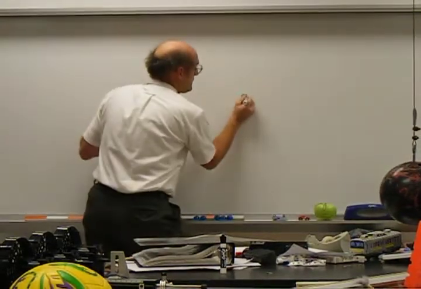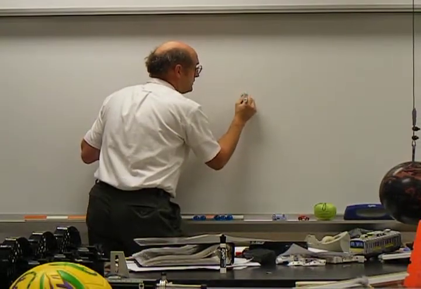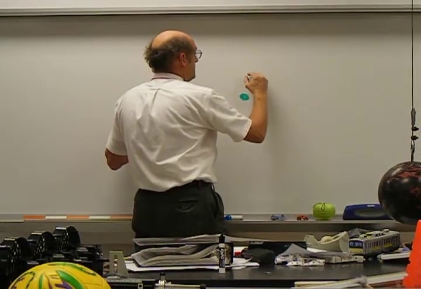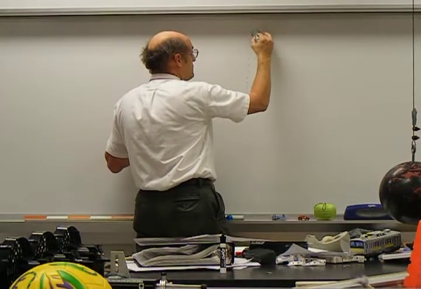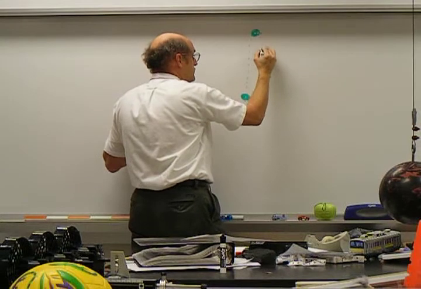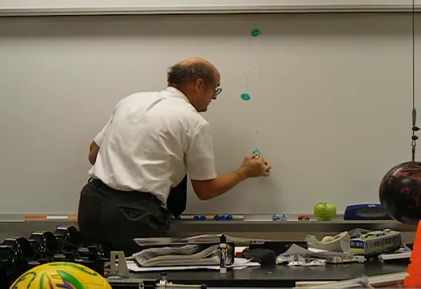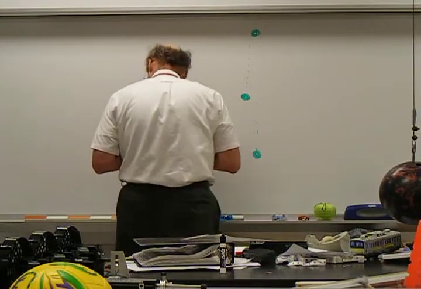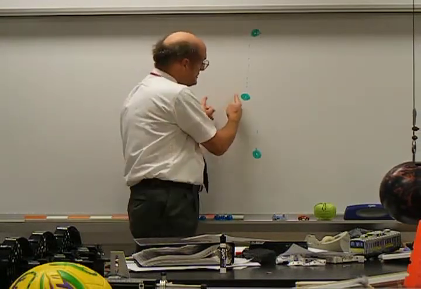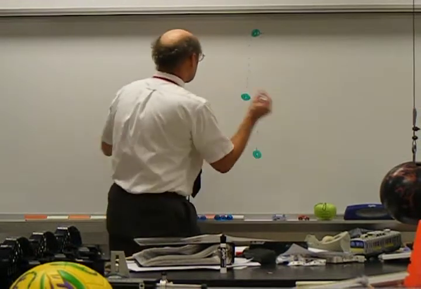Okay, so here is the ball when it leaves my hand. The ball reaches its highest point, and then it starts falling back. Let's say it passes my hand and falls to the floor, like that. Now I'm going to call this the 0 meter position.